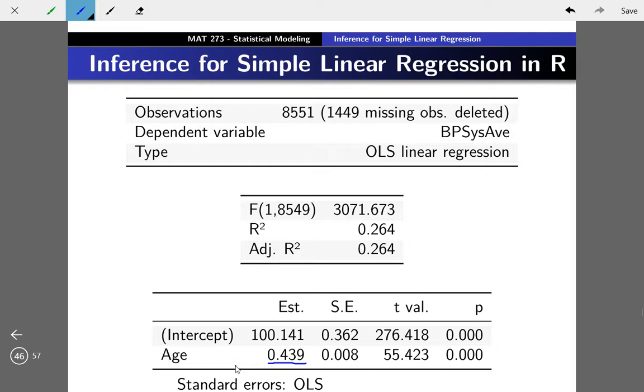This is our beta hat, our slope estimate, 0.439. And to test if it's 0 or not, forgive my handwriting, it's a little bit tough to write with a computer mouse, but we are testing if the true slope is equal to 0. Notice I don't put a hat in the null hypothesis because we're testing a question about the true slope, not the estimated slope. We already know what the estimated slope is exactly, so we don't have any questions about what that is.